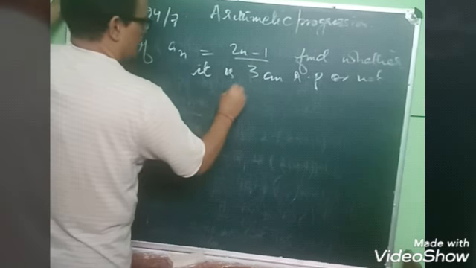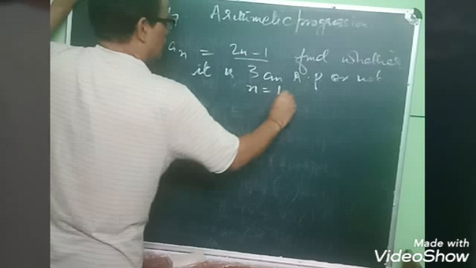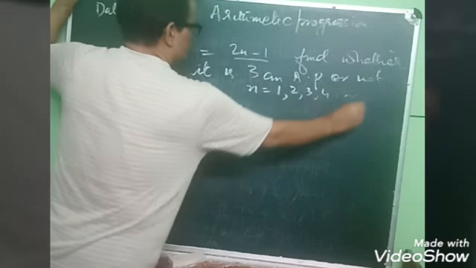Where n is a natural number, so n is equal to 1, 2, 3, 4 and so on.